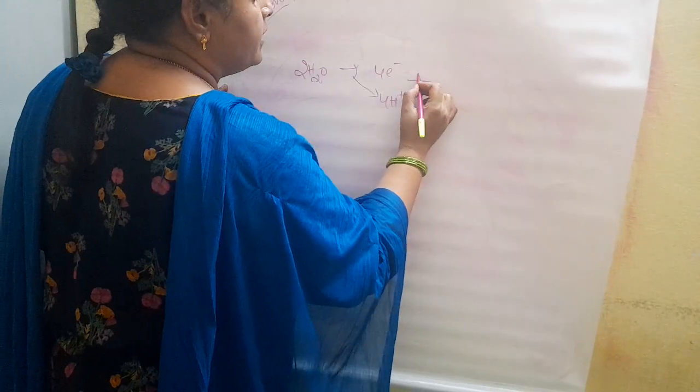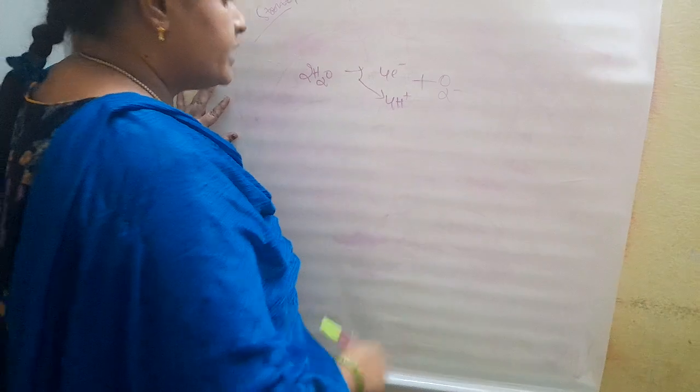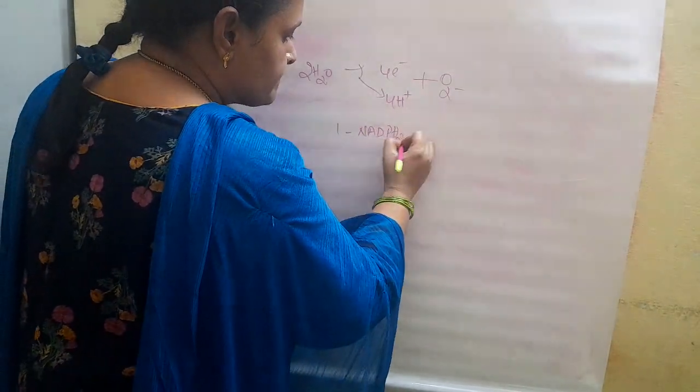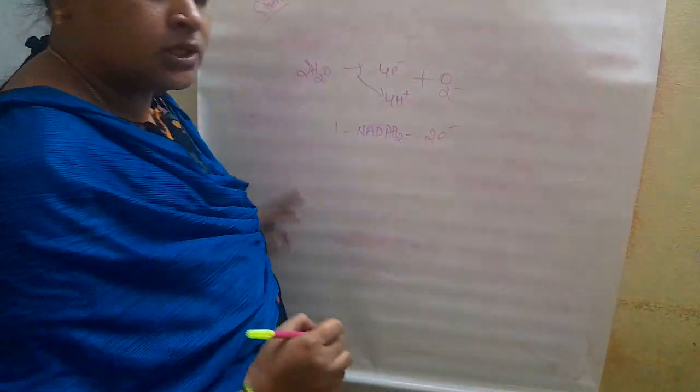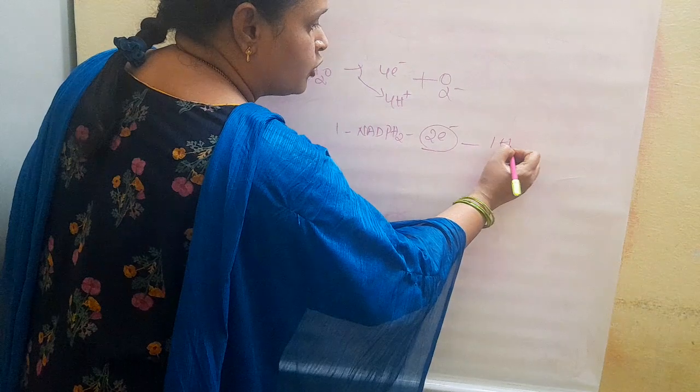So 2 water molecules produce 4 electrons, 4 protons and an O2 molecule. For every generation of one NADPH2 molecule, it requires 2 electrons. The 2 electrons are coming from one water molecule.